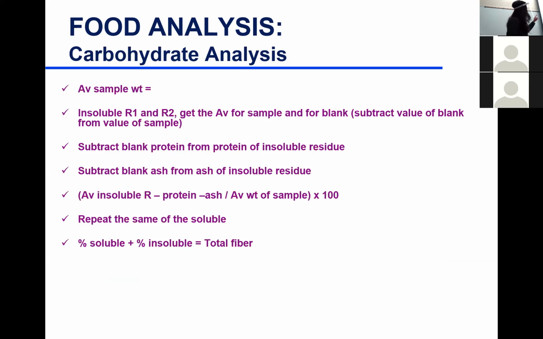And following this, you want to get the average sample weight. These are the steps that you need to calculate those different soluble, insoluble, and total dietary fiber. So do this for an extra 5 points. I want each one of you to be able to do this. Since we're not doing this exercise in lab, at least I want you to understand it, do the calculations, and get extra credit for it.